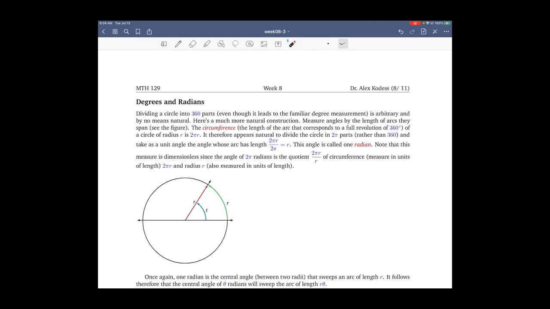I'm sure you know from your previous math courses that the circumference, the length of the arc that corresponds to the full rotation, equals radius times 2 times the special number called pi, 2 pi r.